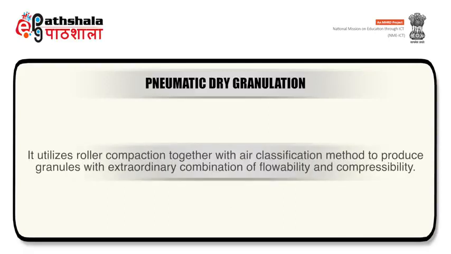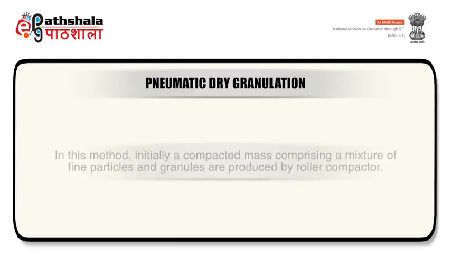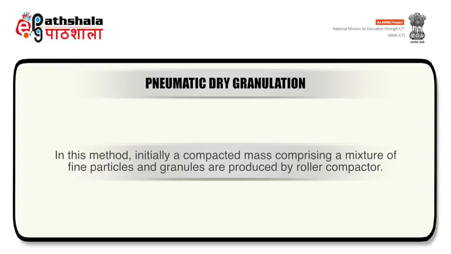It utilizes roller compaction together with an air classification method to produce granules with an extraordinary combination of flowability and compressibility. In this method, initially a compacted mass comprising a mixture of fine particles and granules is produced by a roller compactor.